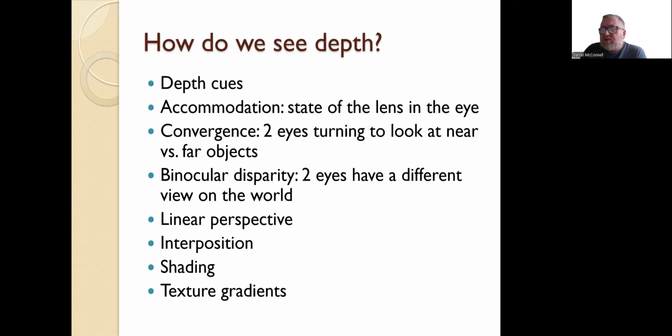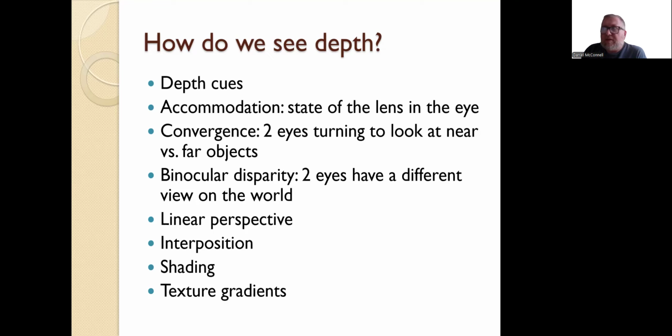And depth cues span a few different types, right? We have some things that are called anatomical cues or physiological cues. And these rely on things that are considered extra-retinal, and by extra-retinal, I mean things that don't actually originate from within the retinal image itself. One of these is called accommodation. Another is convergence.